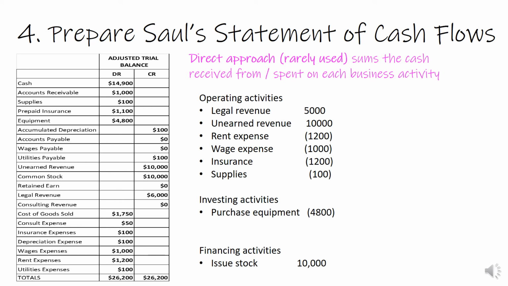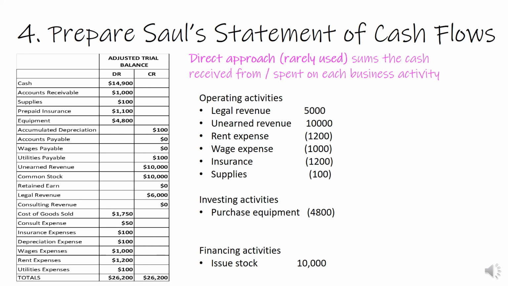In the direct approach, we sum the activity received from the operating activities and spent on each of the categories of investing and financing to get a total from each of the three categories. And below each of the three categories, you see examples of the expenditures that Saul made during the preceding periods. When you add them all up, you should arrive at your ending cash balance.